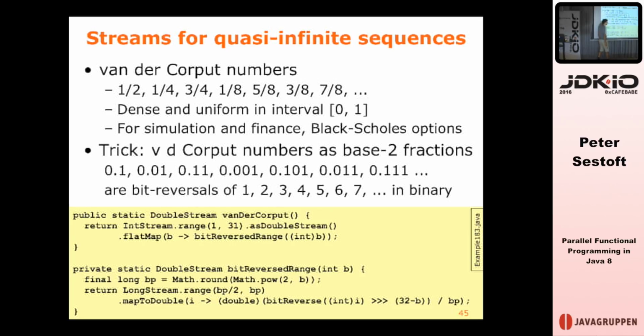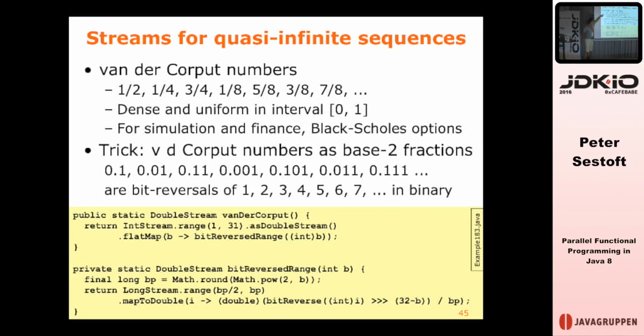So basically, these are just the integers with their bits reversed, which means that an almost infinite van der Corput sequence can be generated in this way: we consider all possible divisors from 2 to the minus 31, turn that into a double stream, flat map this thing down here onto it and concatenate the result.